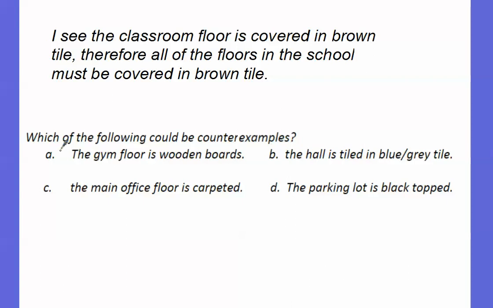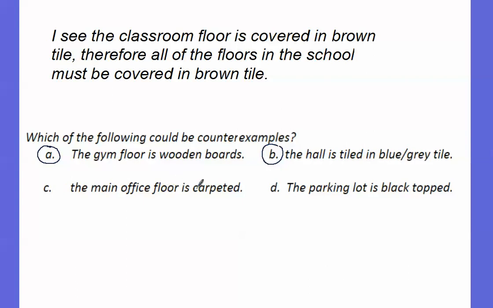All right. Well, A says the gym floor is wooden boards. Well, that is a part of the floor of the school and it's not covered in brown tile, so that could be a counterexample. B, the hall is tiled in blue-gray tile. Well, again, the hall is part of the school and it's not brown, so that could be a counterexample as well.